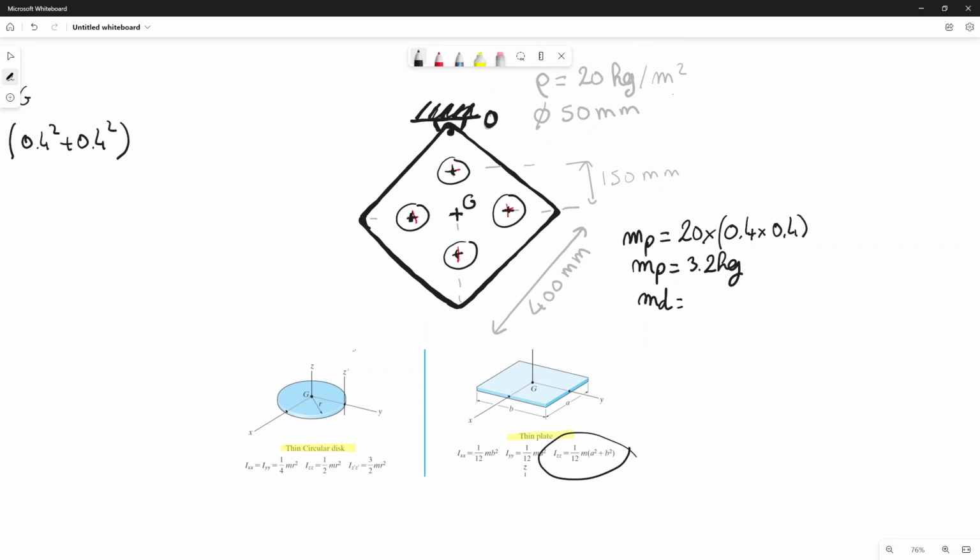The diameter is 50 millimeters, so that will be pi times the radius squared times the density.